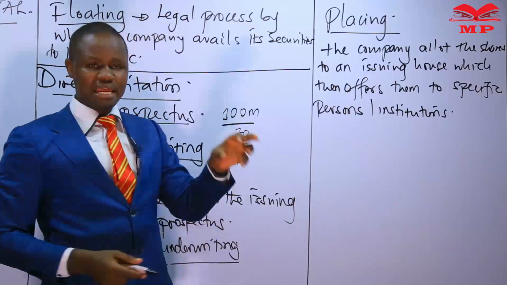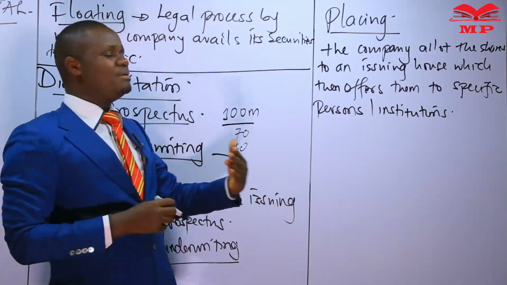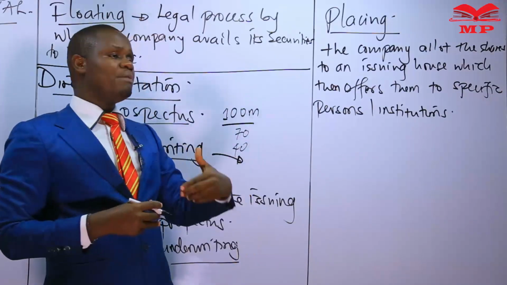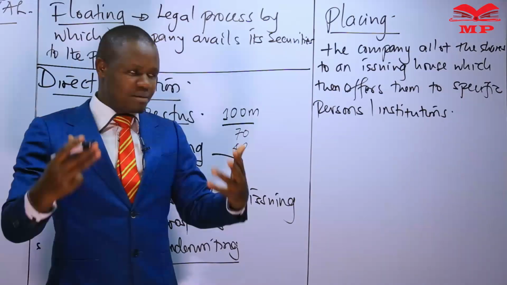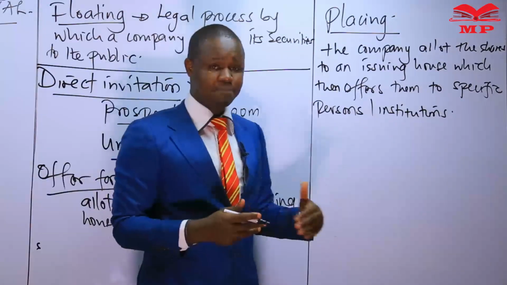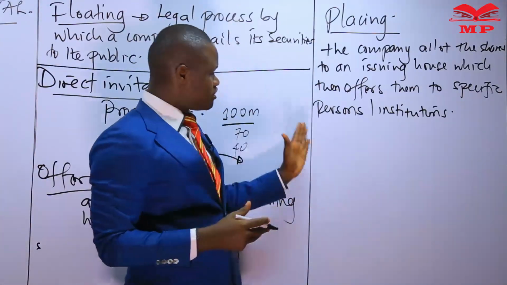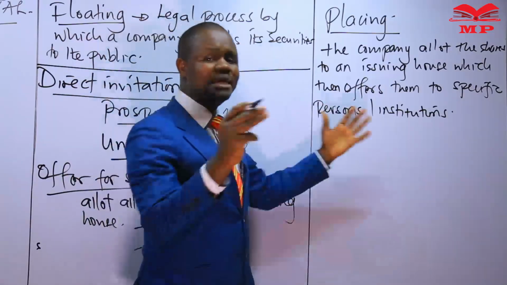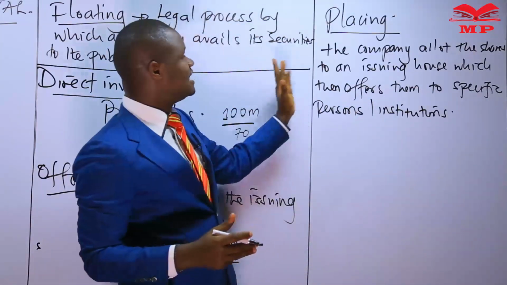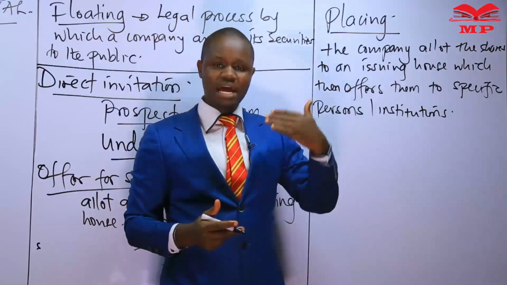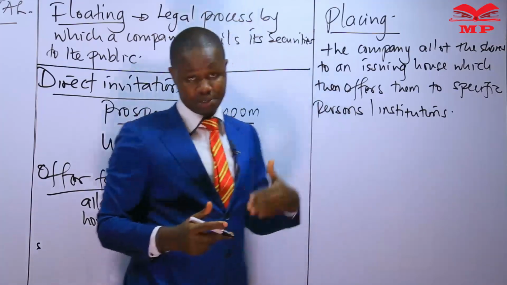So the issuing company approaches individuals with whom they may have a relationship, who they are sure that if they pitch the idea of buying the shares of this company, then they will. Because they are not going to the public directly, in this placing process we are excused from preparing prospectuses.